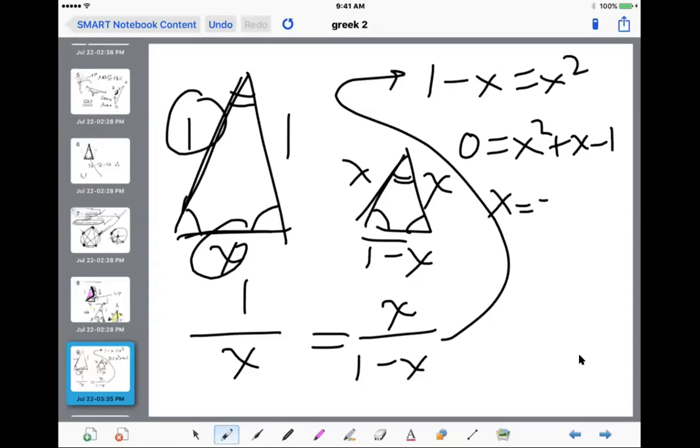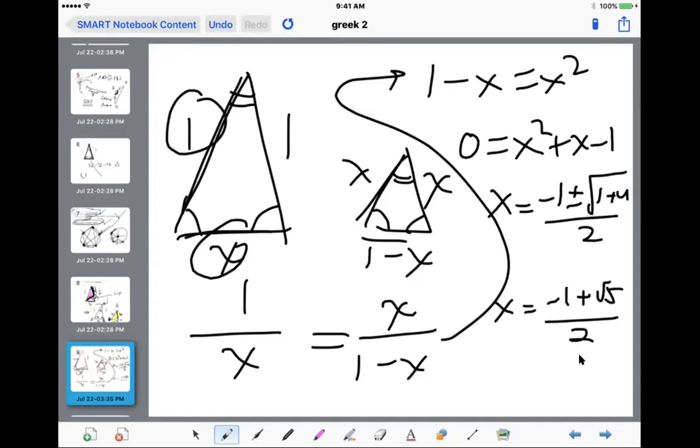X equals negative b plus or minus the square root of b squared minus 4ac over 2a is negative 1 plus square root of 5 over 2. Which does equal about 0.62. Yeah, completing the square would work also, except the x has a coefficient of 1, which is odd. So you'd have to deal with fractions, but yes.